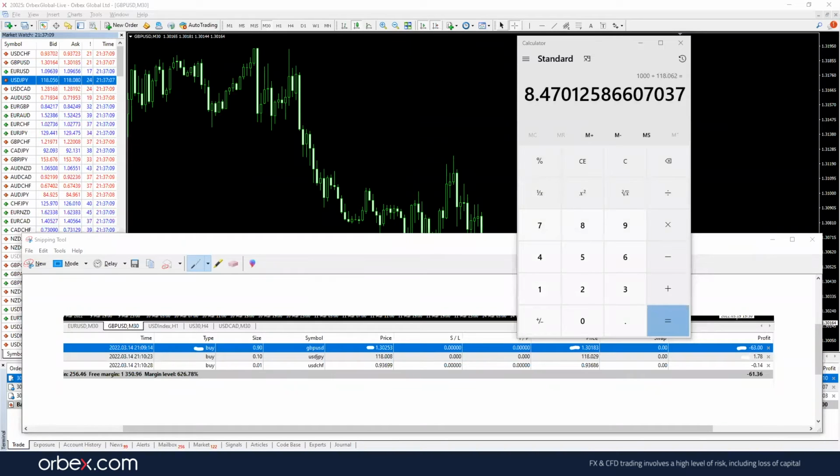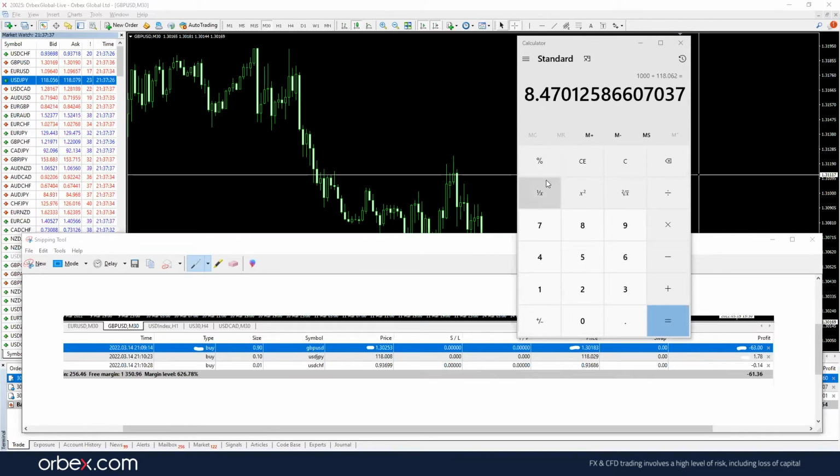And then if we go on to 5 lots, just to keep it simple, it's 500,000. And then 25 lots would equal 2.5 million. And then 50 lots would be 5 million. So just keeping that into account as well.